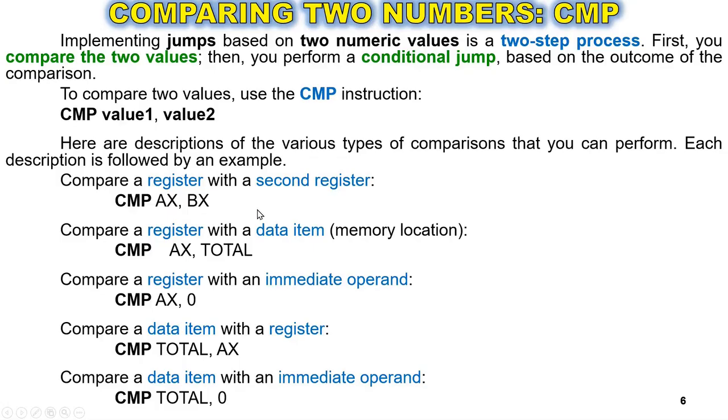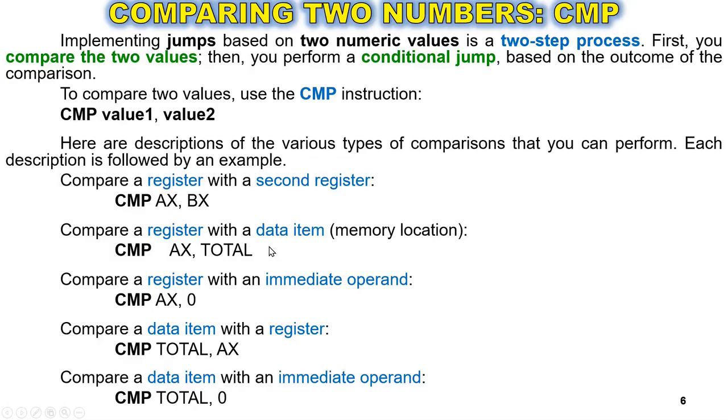With the CMP command, we can compare a register with a second register. For example, CMP AX, BX. Note that when we compare two operands, they must have the same size or length. In this case, AX and BX are the same size, which is 16 bits.